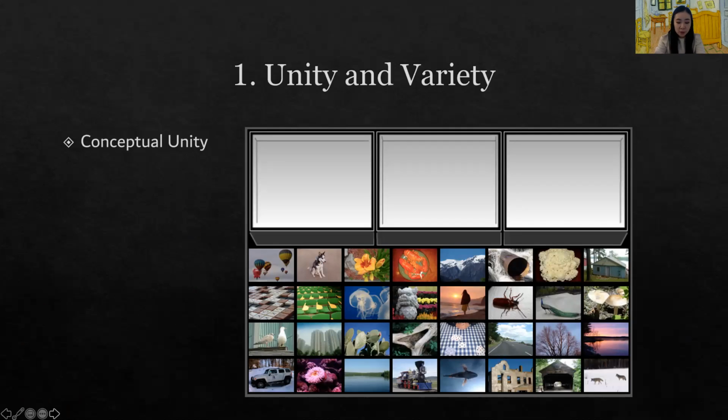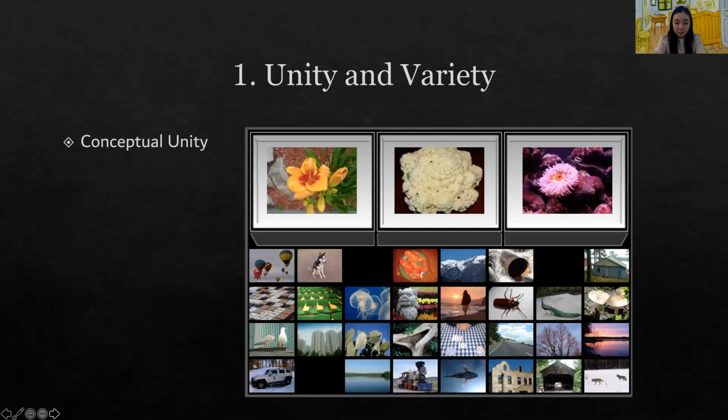I picked 3 images: flowers in full bloom, cauliflowers in full bloom, and sea anemones in full bloom. It seems like there is no connection between these 3 images. However, they are conceptually united as full bloom.